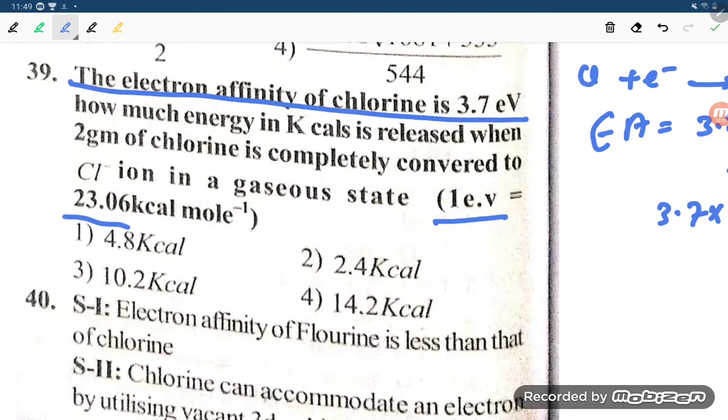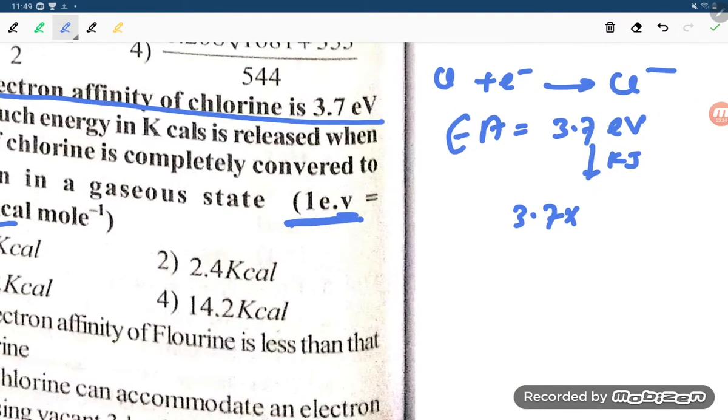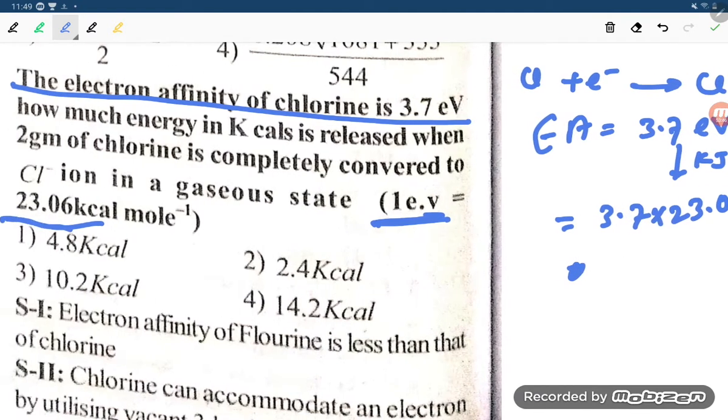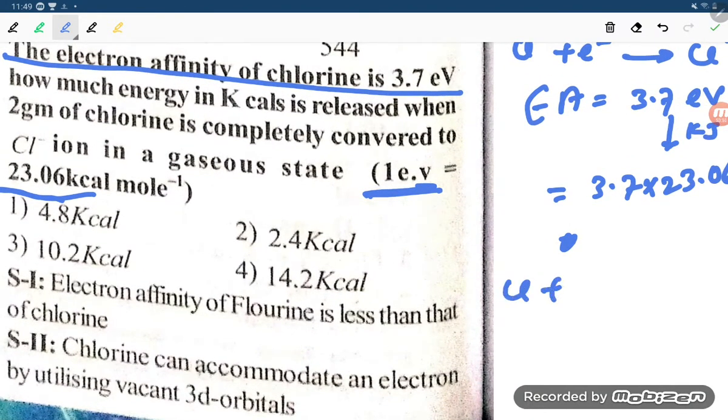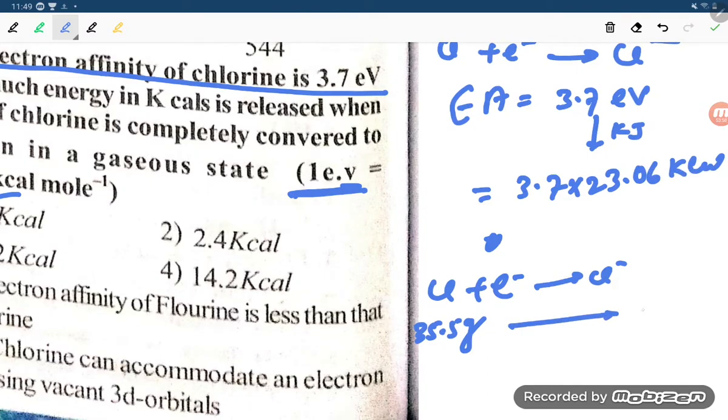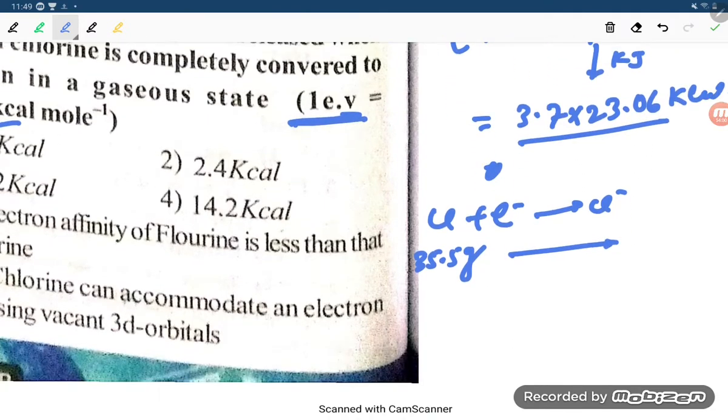They have given 1 electron volt equal to 23.06 kilocalorie. Cl plus electron gives Cl minus, so 35.5 gram converting into Cl minus uses 3.7 into 23.06.